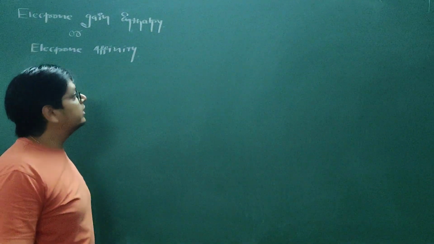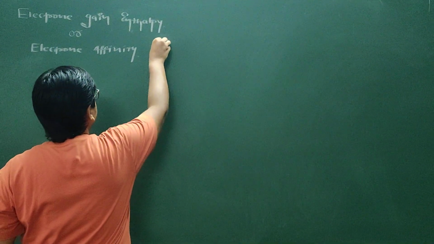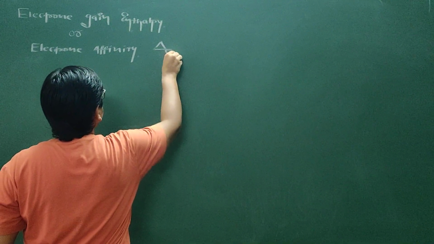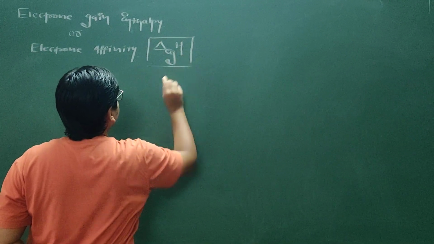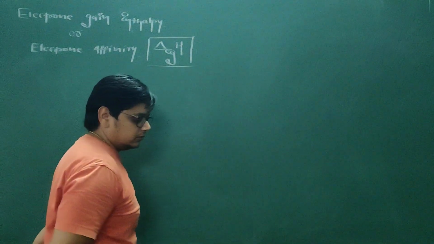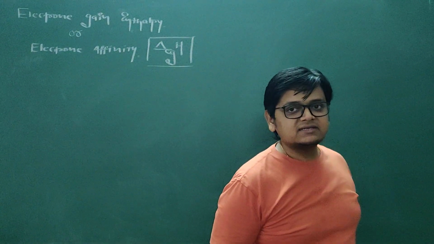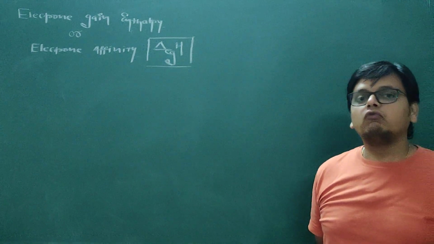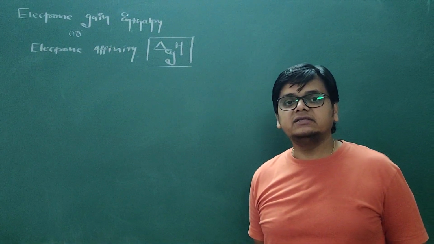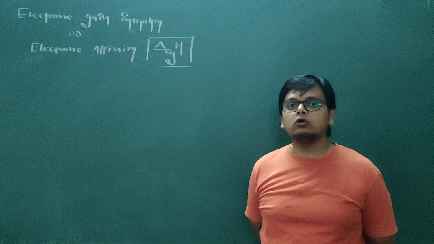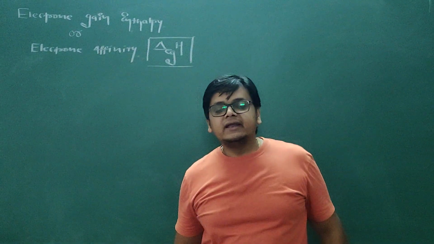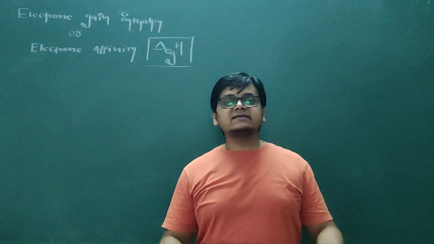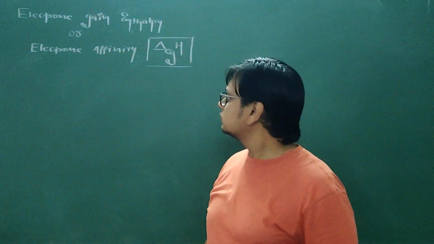So electron gain enthalpy or electron affinity, the symbol is delta EGH only, where delta H is enthalpy, as you all know, while EG stands for electron gain, acceptance of electron. Electron gain means acceptance of electron.